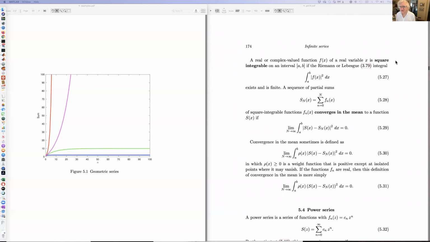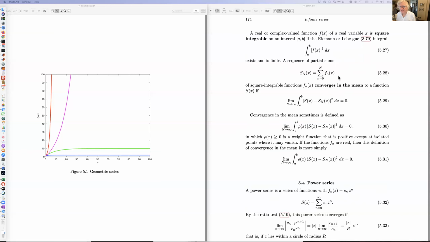A real or complex valued function of a real variable x is square integrable on the interval if the integral exists. The integral of the absolute value squared exists in either the Riemann or Lebesgue sense, and is finite. A sequence of partial sums of square integrable functions converges in the mean to a function s if this is true. So this is convergence in the mean, namely that the absolute value squared of the difference integrated over the interval, as you take n to infinity, has a limit of 0.